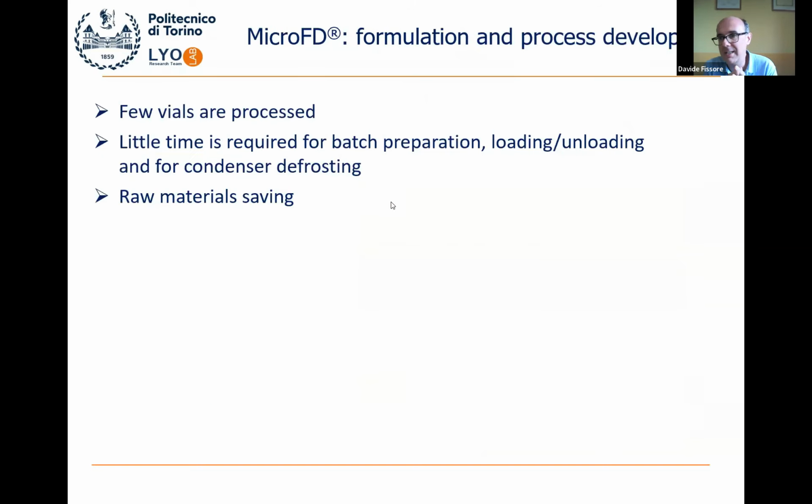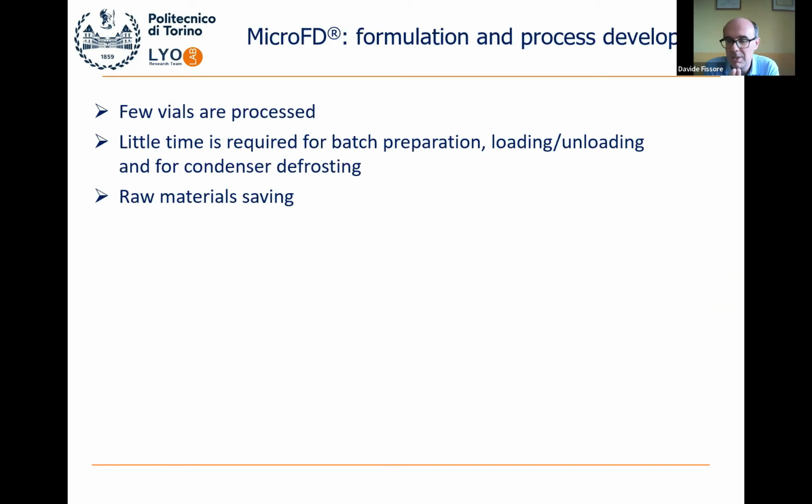The fact that few vials are processed is a very important issue, because it allows, at first, saving time. Little time is needed for batch preparation, batch loading, batch unloading, and condenser defrosting. All these steps need little time in this case.